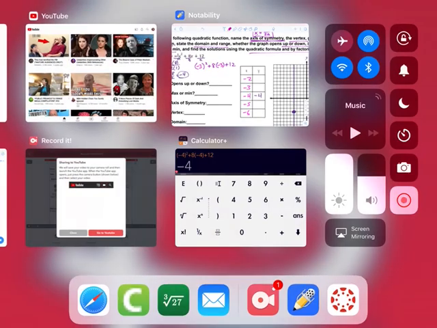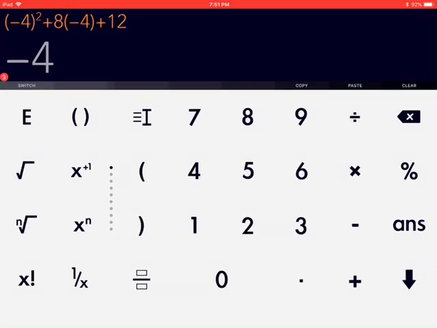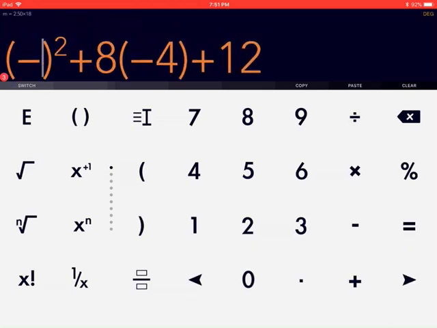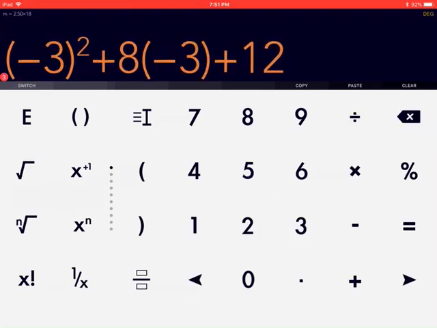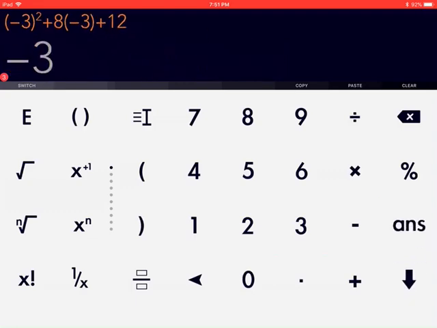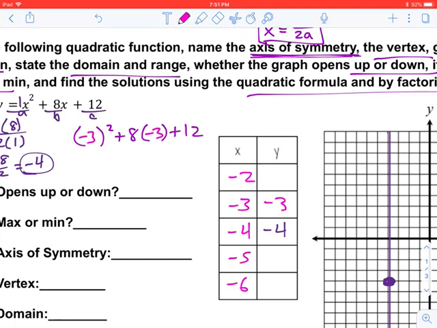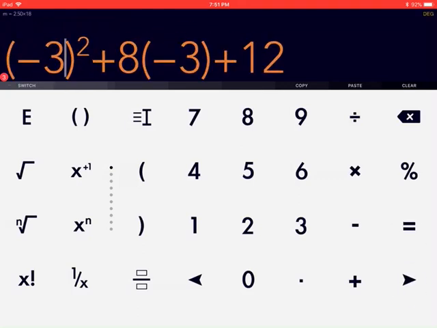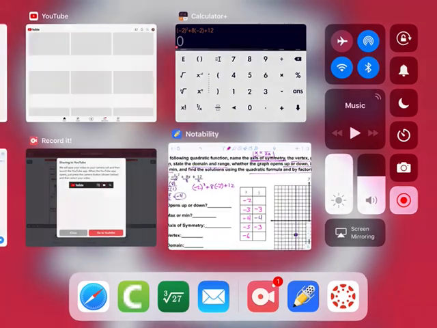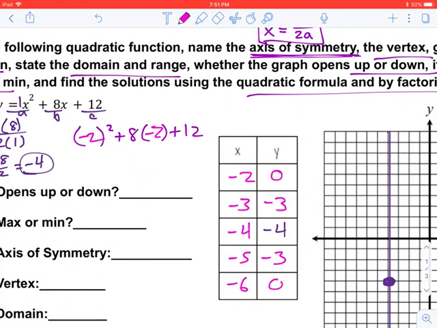So in my calculator, I'm going negative 3 this time. And I get negative 3. Okay, and since it's symmetrical, it goes on both sides. And then now I just do negative 2. Okay, so on my calculator, type it in the same equation, but this time negative 2, and I get 0. Okay, so 0 there, 0 there.